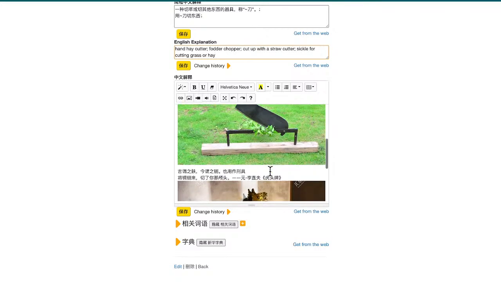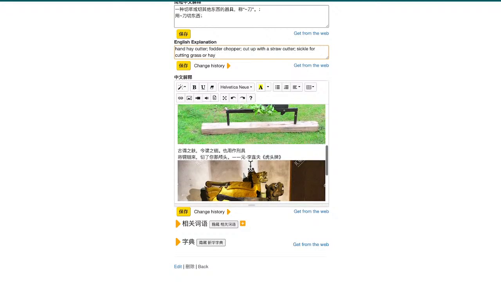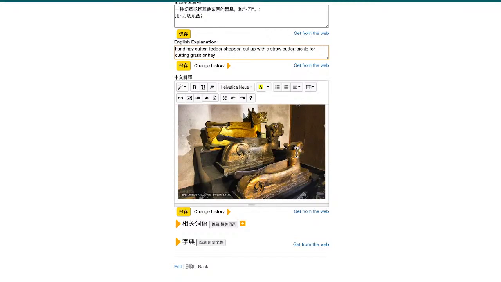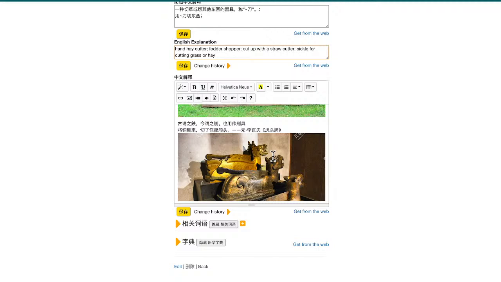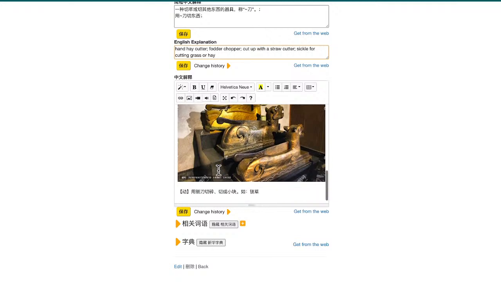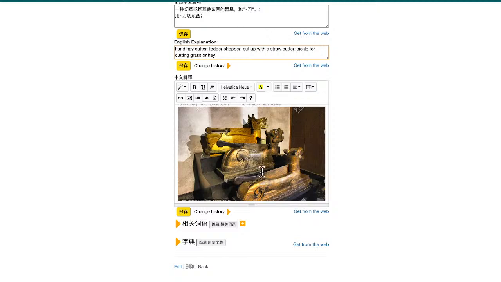Also, in ancient China, this was a type of corporal punishment. It looks like this. You see it has tiger heads and a blade, and it is used to cut.